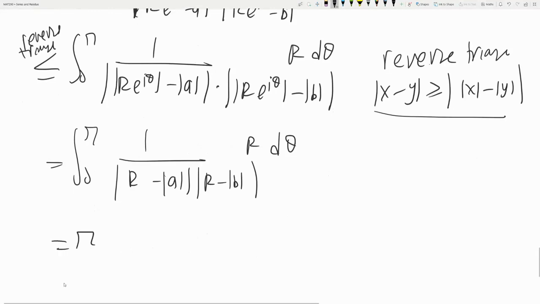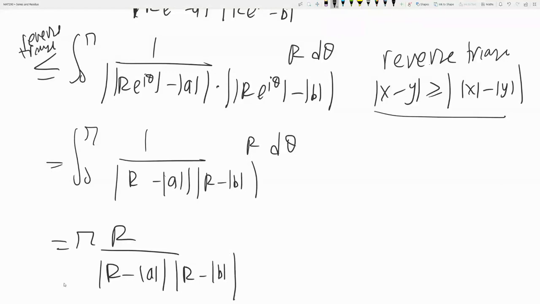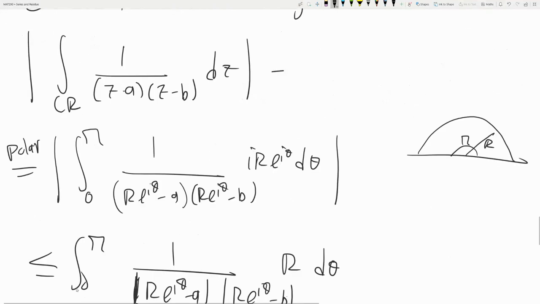So you have pi, right? R over R minus a and R minus b. Okay. Now, what was our claim? Our claim is that this integral is 0.